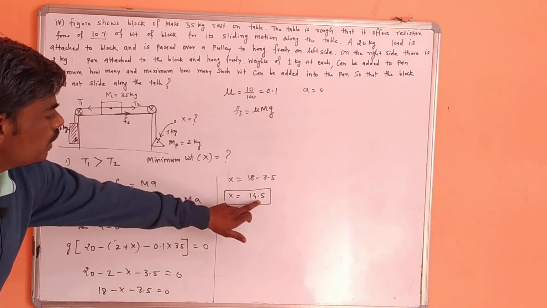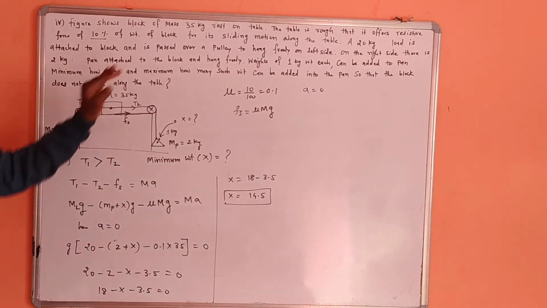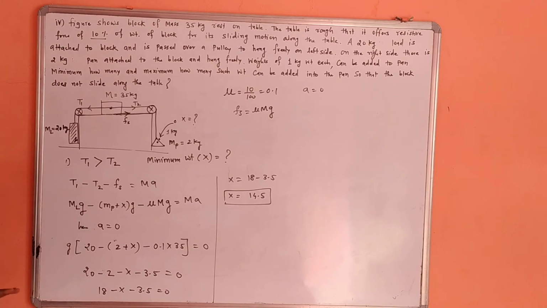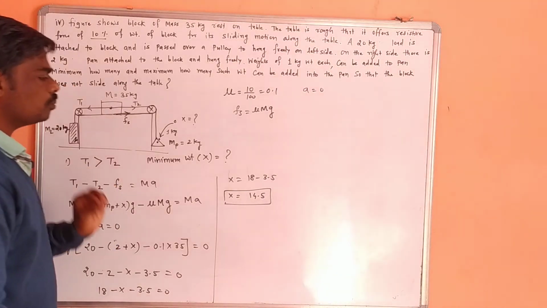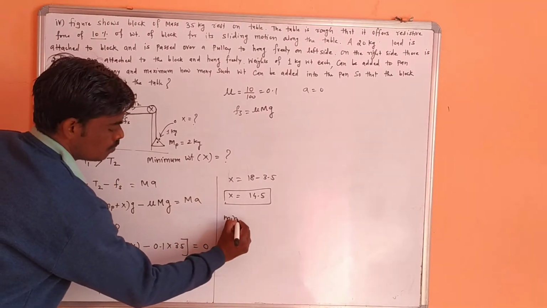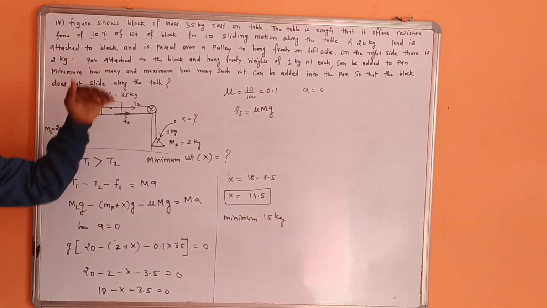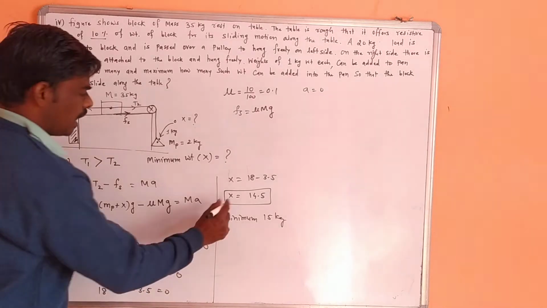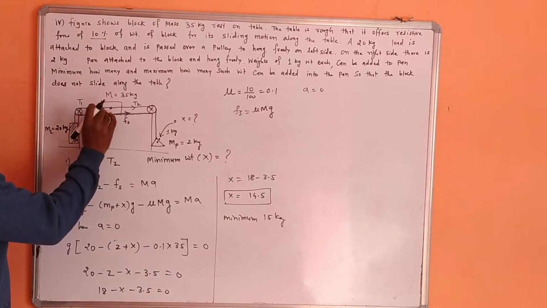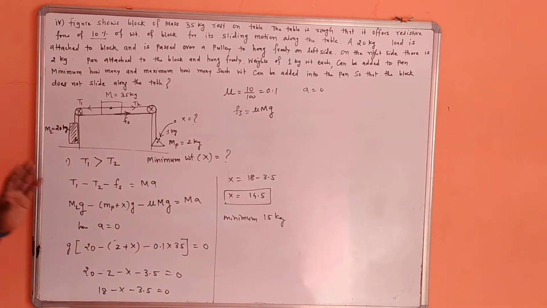So 0.5 weight is not available to us, it is given in the problem. That means we have to add a minimum of 15 kg weights in steps of 1 kg so that the mass remains balanced. This is the minimum.